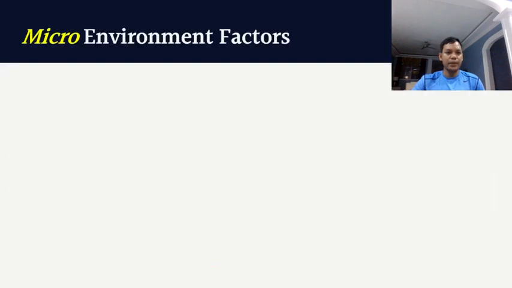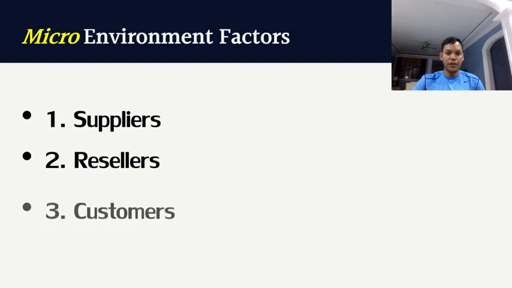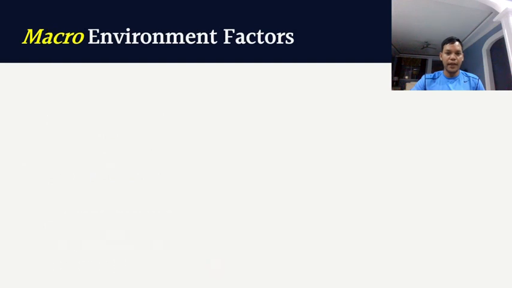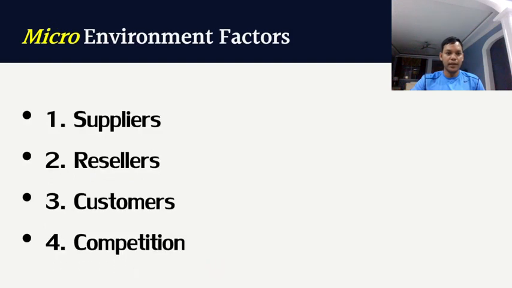So we discuss the macro and micro environment factors. First, we need to discuss the micro environment factors. We have these suppliers, resellers, customers, and competitors. So we'll discuss these four. First, suppliers.